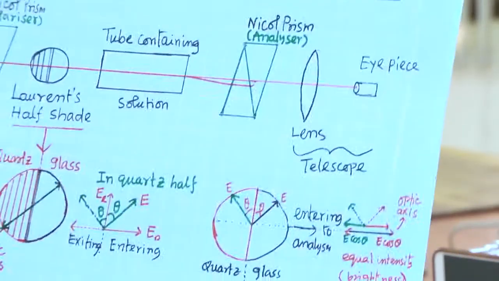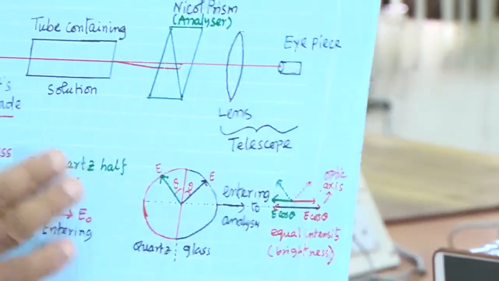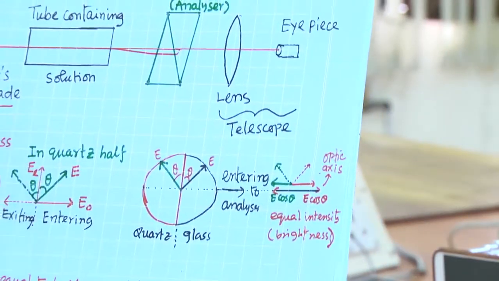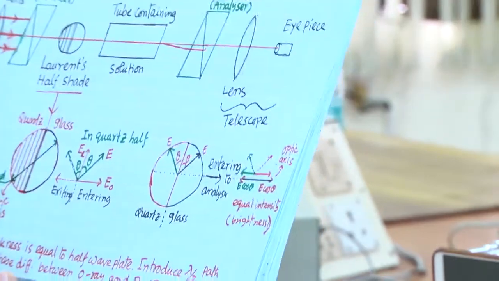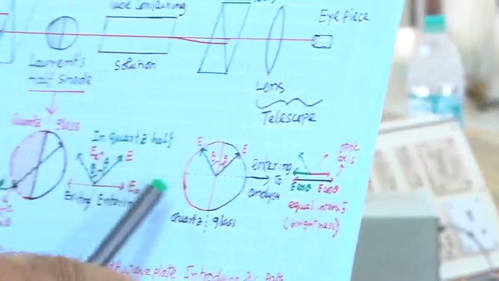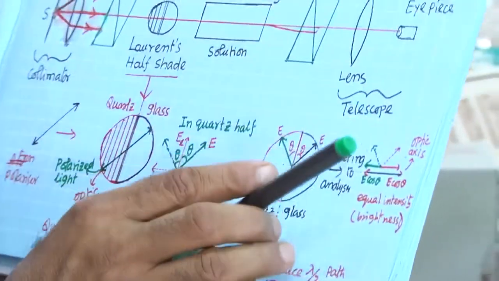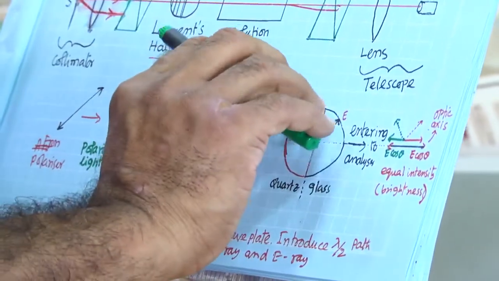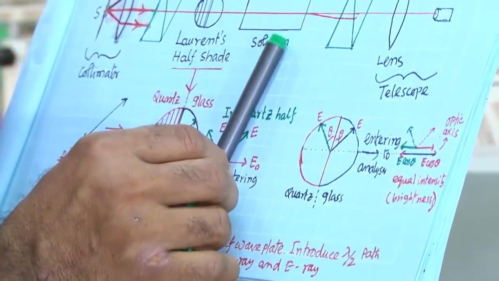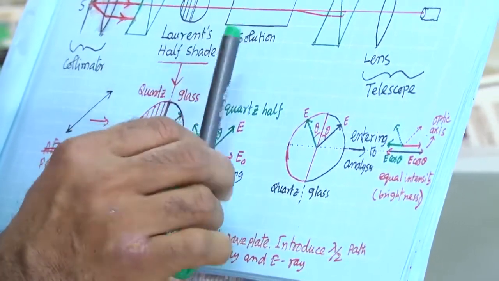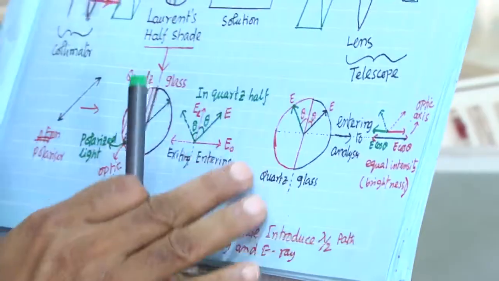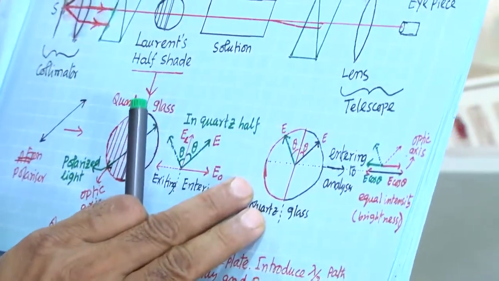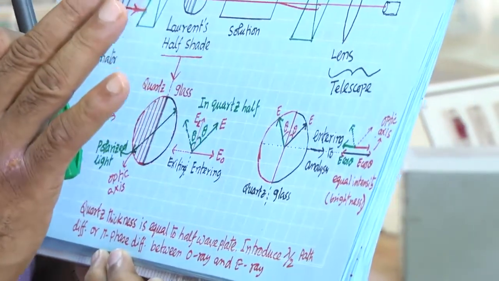So, I will demonstrate what I explained, what this half shade is doing. In our case, for detecting the rotation, measuring the angle, we will actually see the uniform situation, both halves uniformly bright.